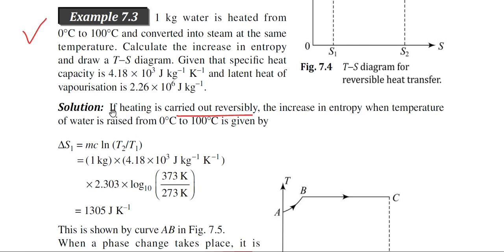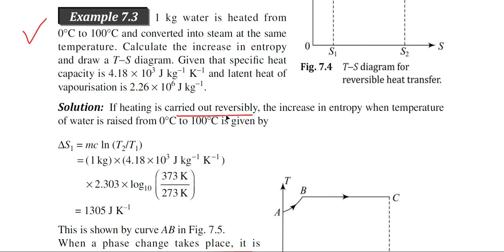Now, we will solve this problem in this way. If heating is carried out reversibly, we have to mention that this process is a reversible process. Actually, it is not a purely reversible process, but we can approximate it to a reversible process.